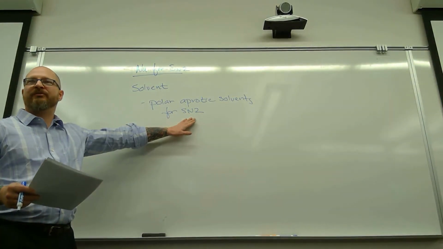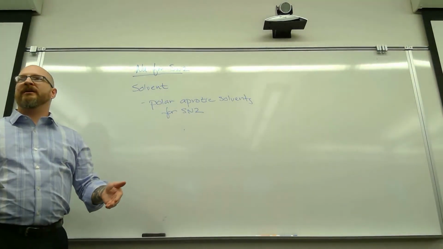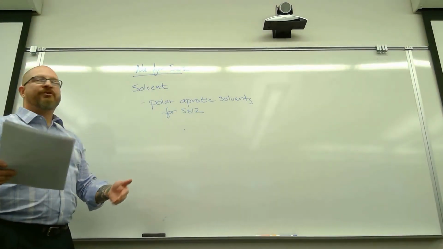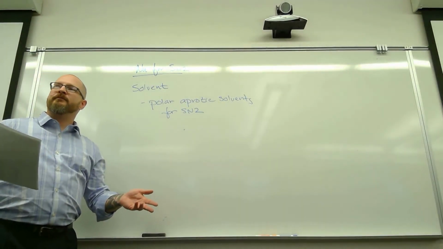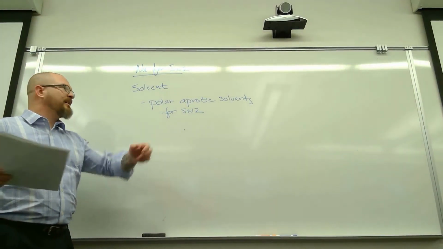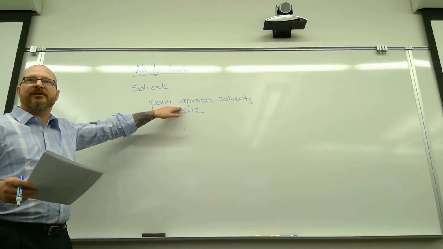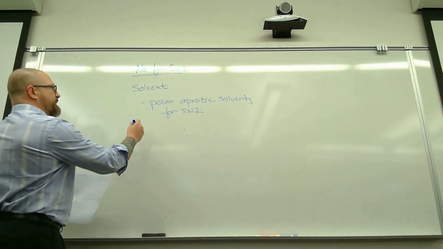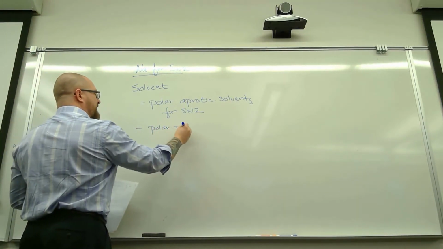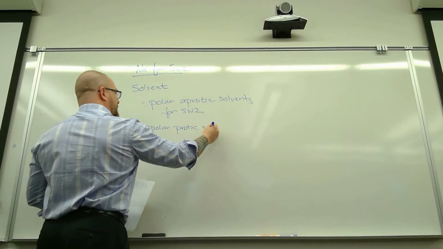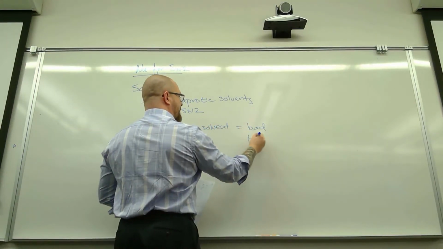The book goes into a large explanation about how polar aprotic solvents affect nucleophiles one way, and polar protic solvents affect the relative basicity another way. But I don't think at any point in the book do they say, this is what you want to use when you're setting up an Sn2. So polar protic solvents, I'm just going to say equal bad for Sn2.